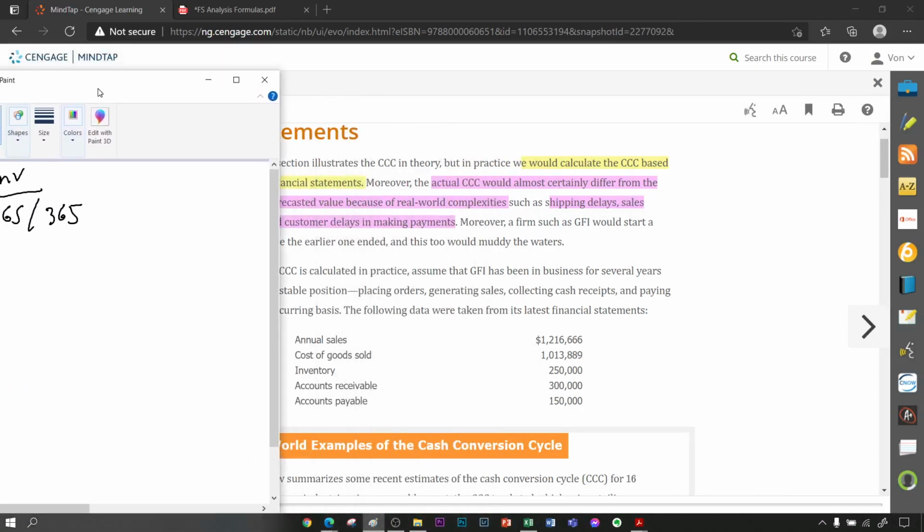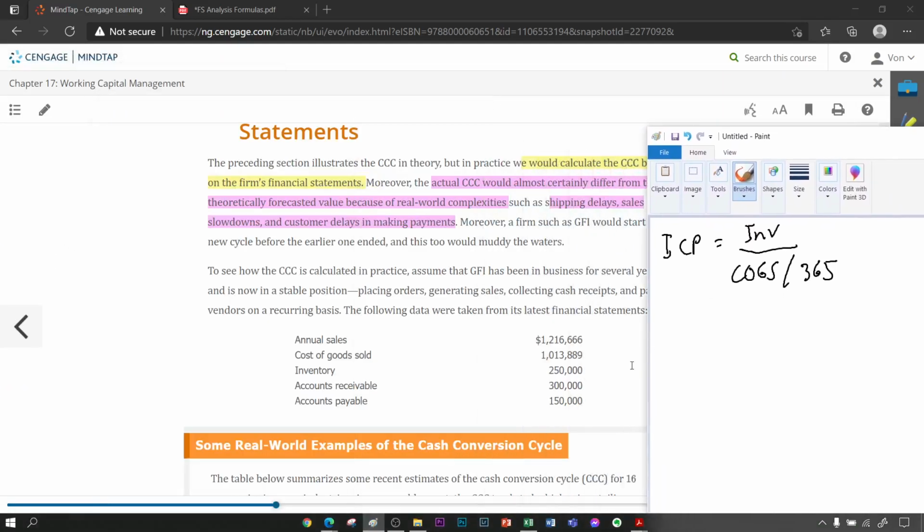Okay, so try natin, no? Kunwari, hindi pa natin nakikita yung sagot dun sa baba. Inventory, magkano daw? 250. Tapos yung denominator mo is COGS over 365. Nasa yung cost of sales dyan. 1,013,889 divided by 365. So dito, unahin mo yung denominator, no? Isolve. Try mo nga. 1,013,889 divided by 365. Nakakuha mo dyan? 2777.78.